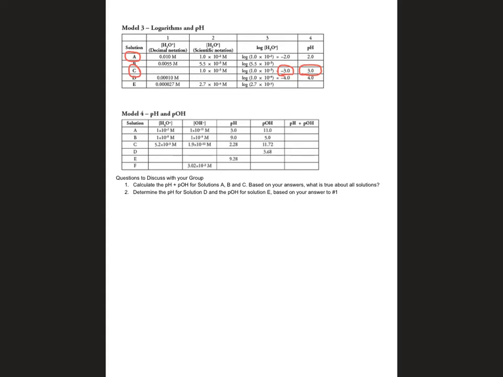So from that, we should be able to notice that the formula to calculate the pH of a solution is going to be the opposite, or negative, of whatever the log of that concentration is. Okay, so if I take the log, I end up with negative 3, but my pH I report as 3, so pH is going to be negative log of the concentration of H3O plus.